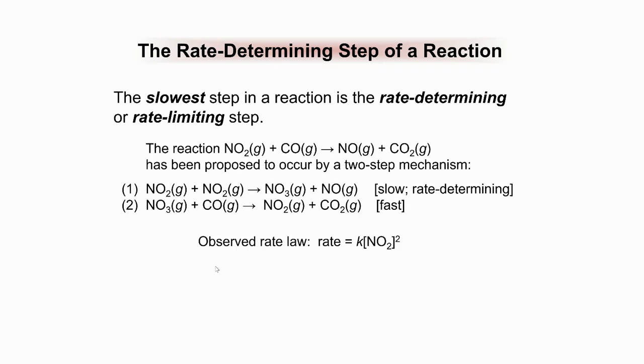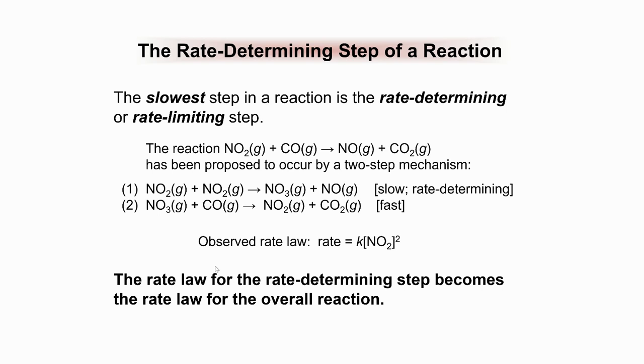To recap from the previous video, NO2 and CO collide to make NO and CO2. The proposed mechanism was here, two steps. What I want you to think about here is that you cannot come up with these mechanisms. This is given. What we can be given is that the first step is slow and the second one is fast.